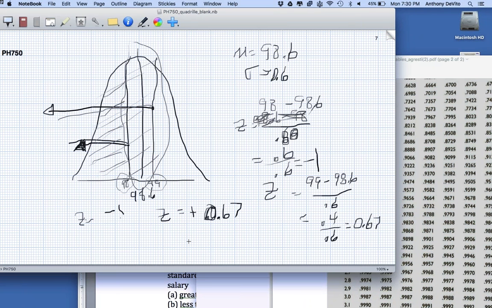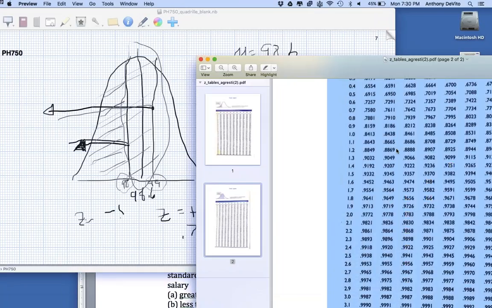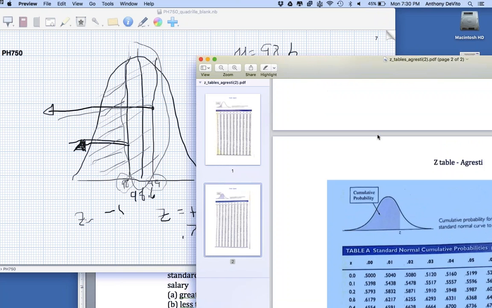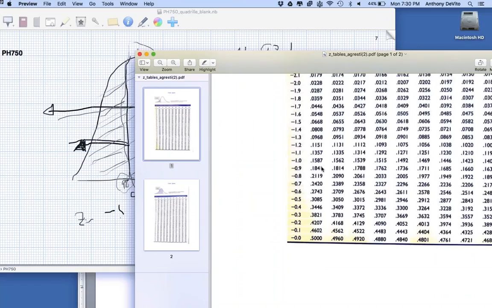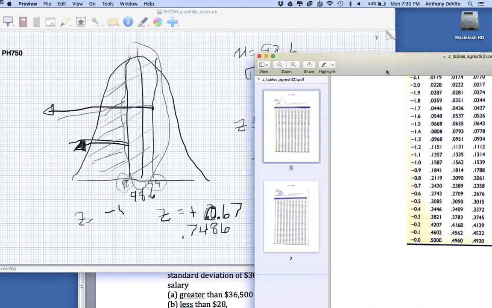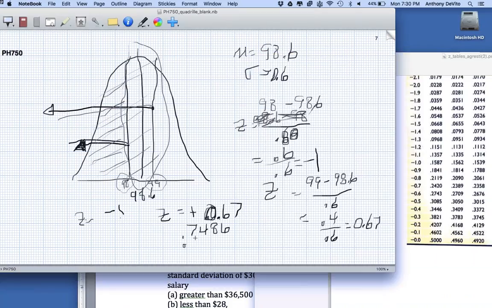So that area is equal to 0.7486 out of 1, of course. And the area for negative 1, well, it's going to have to go to the other table. The area for negative 1 is going to be equal to 0.1587. So I'm going to subtract this area from the area here.